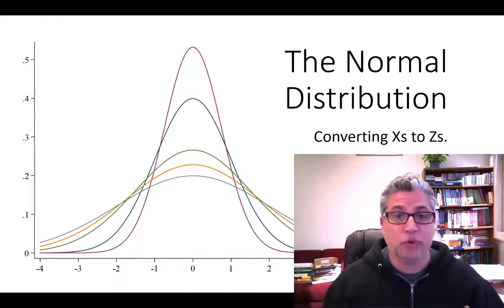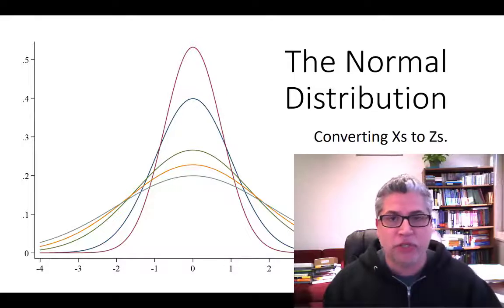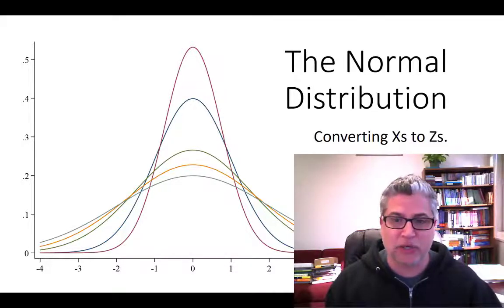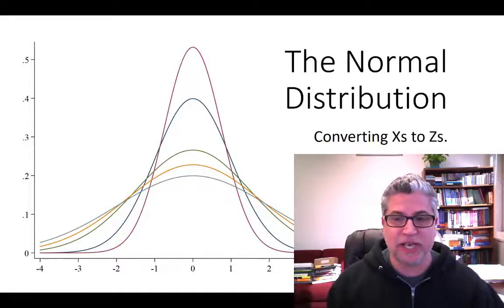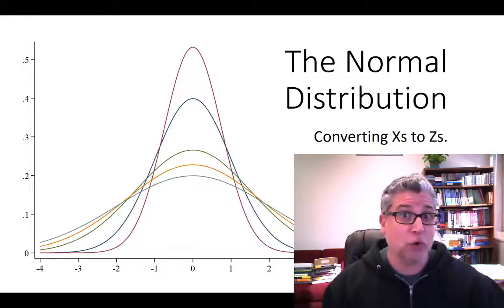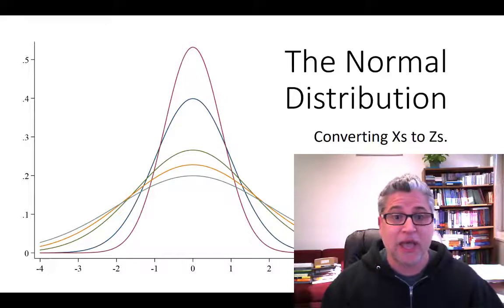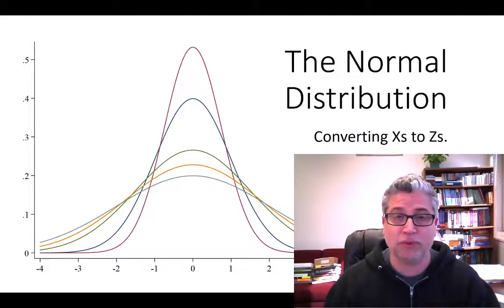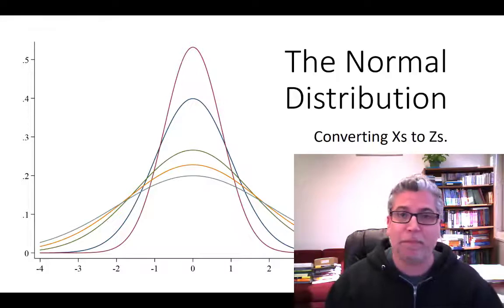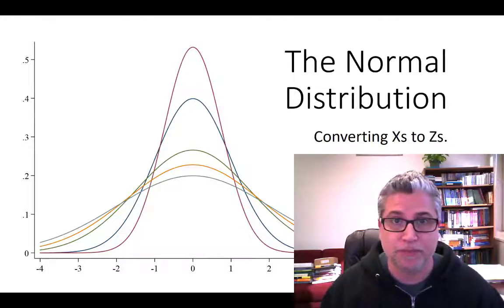They are both normal distributions, but it turns out that any question that you could answer in terms of a non-standard distribution can be rephrased, can be standardized, and then answered in terms of a standard normal distribution. You can actually flip back and forth between these two.